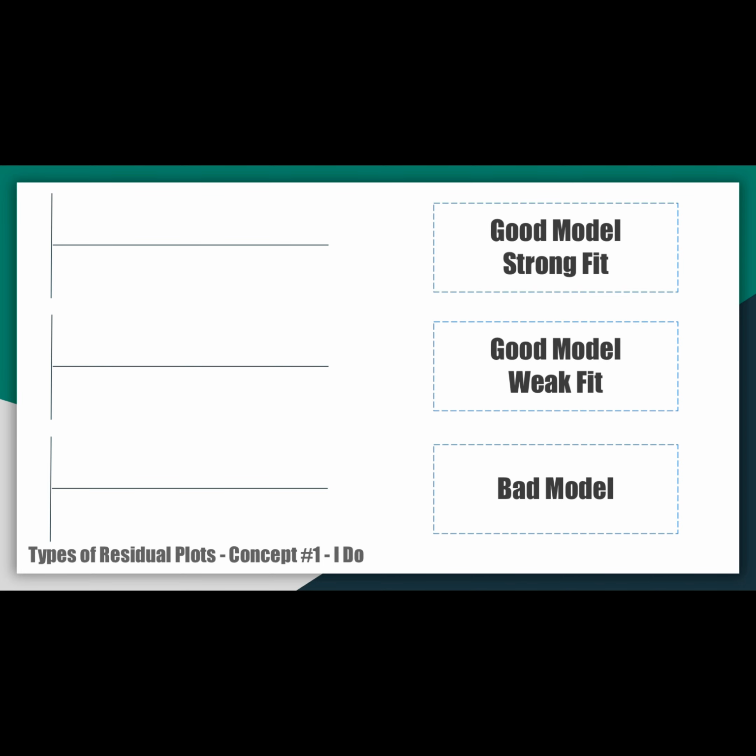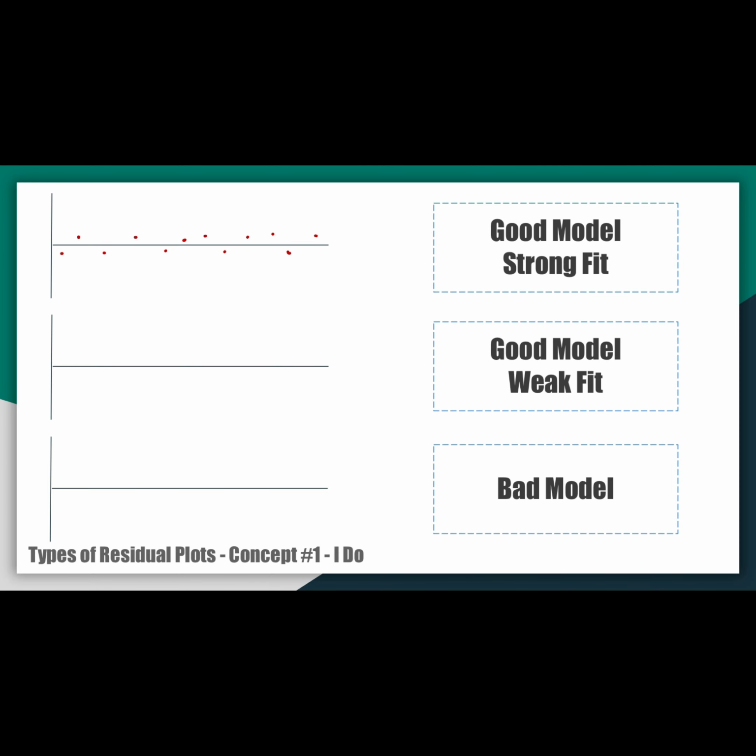Here's what a good model, strong fit is probably going to look like. Mine was one above, one below, one above, one below, but it doesn't necessarily need to be that way. You could have a couple above in a row, but you can tell they're really close to that x-axis, and that means the actual value and the predicted value are really close. That's what gives us the strong fit.